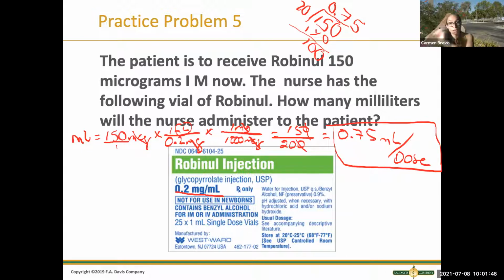Now, instead of going to the left, you're going to go 3 spaces to the right. So if we move the 150, this is a whole number, we're going to go 1, 2, 3. So it will actually be 0.15 milligrams. And then you can do your conversion, your dosage strength, and plot it in.